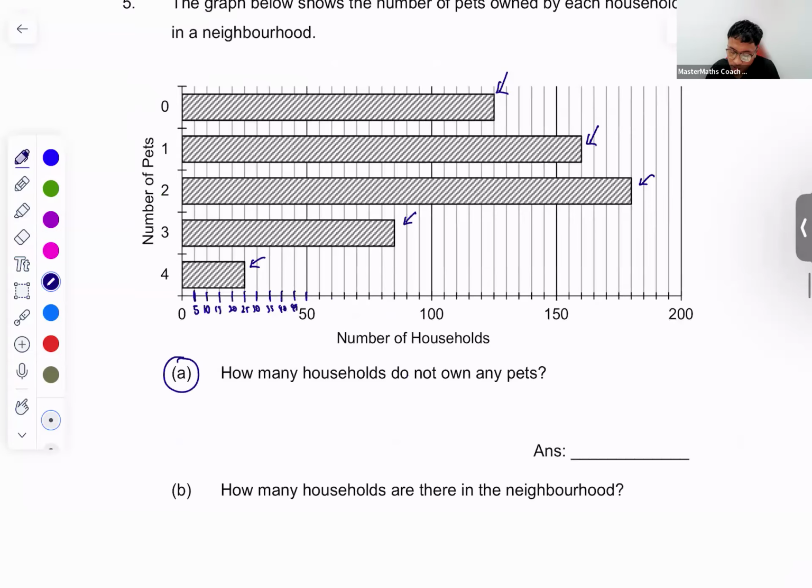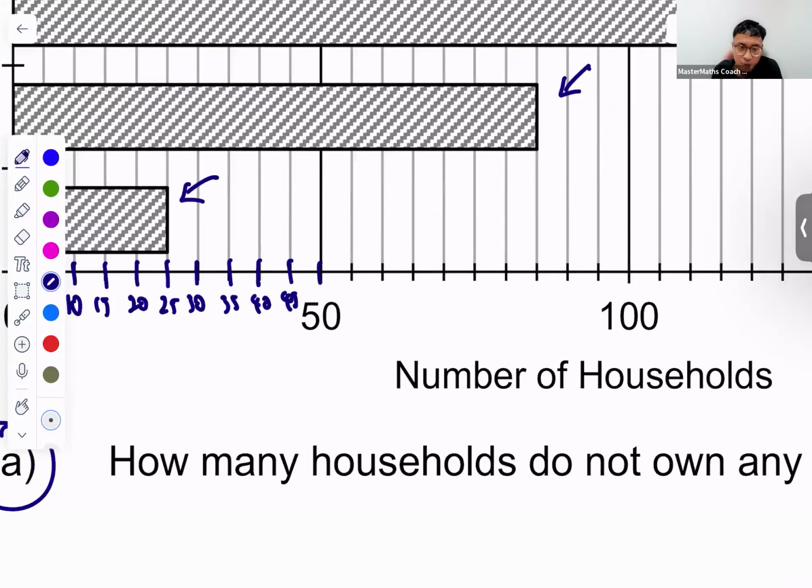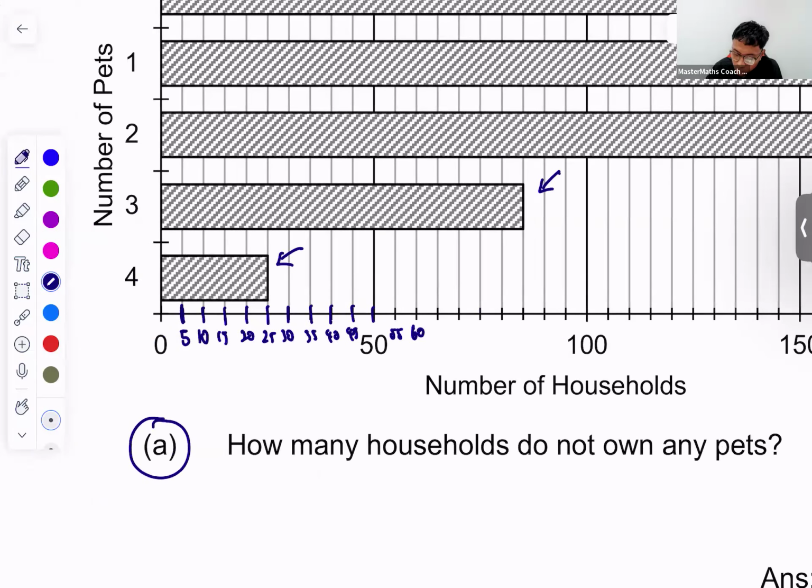Okay, so like that, can you help me find the value of the graph here? You try to do the same also. If 45, then 50, what's after 50? 55, then 60. Okay, all the way: 65, 70, 75, 80, 85, 90, 95, 100.